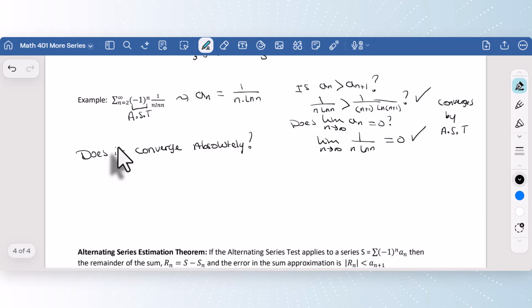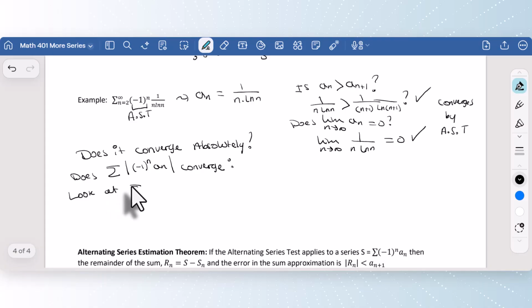What that means is, does the absolute value of the series converge? There's the absolute convergence theorem that says that if the absolute value of the series converges, then the series converges absolutely.